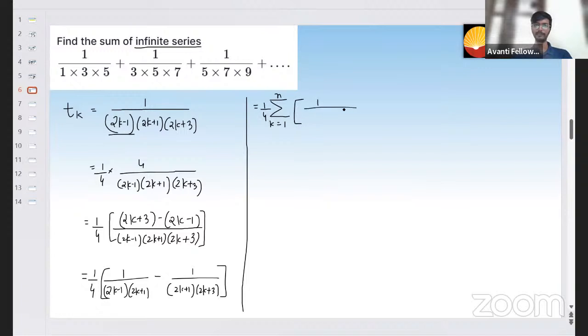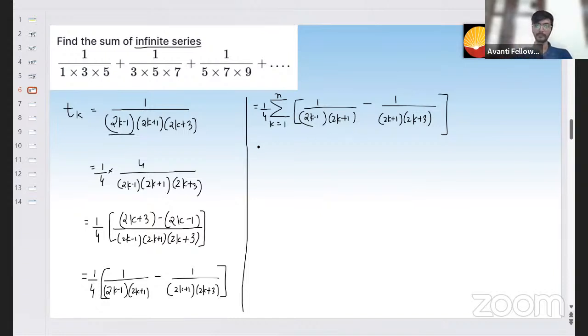Here, I can write 1 upon 2k minus 1 into 2k plus 1, minus 1 upon 2k plus 1 into 2k plus 3. Now here, a very interesting thing will happen. Let's put the values of k.